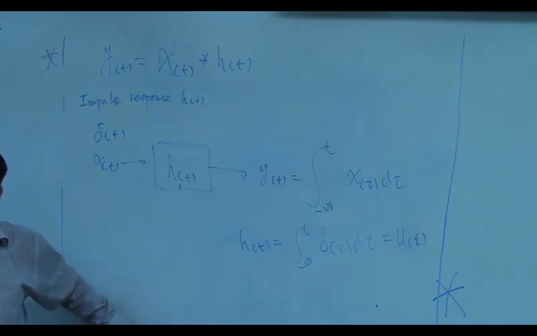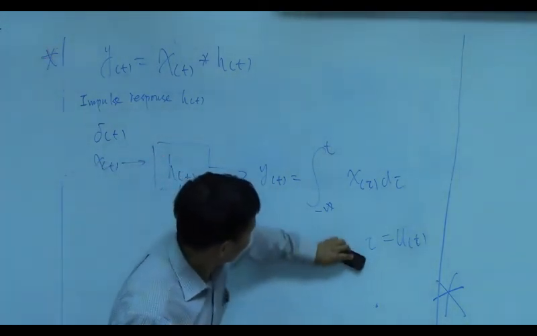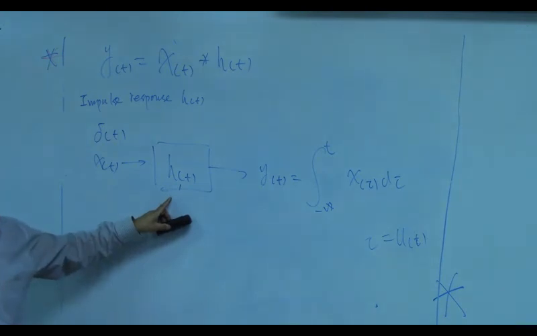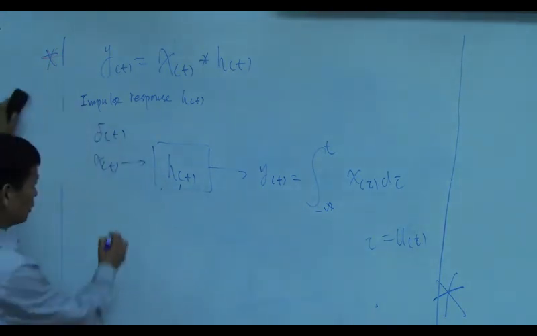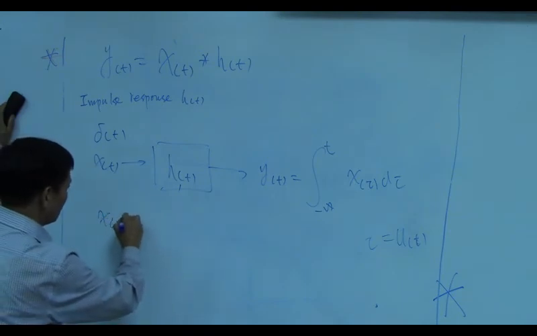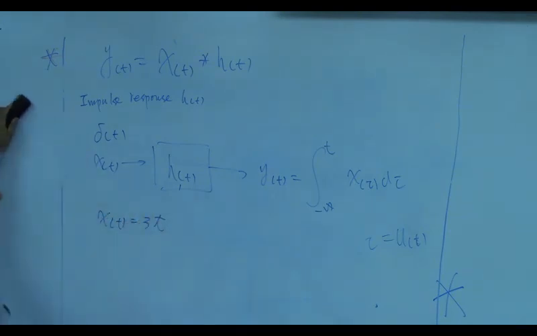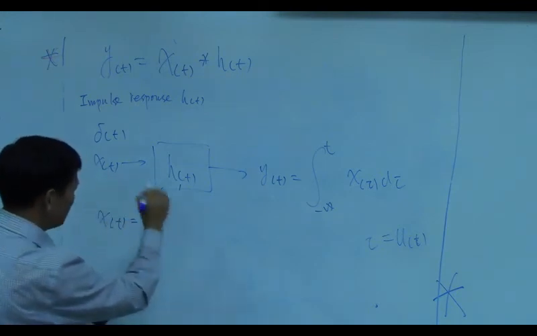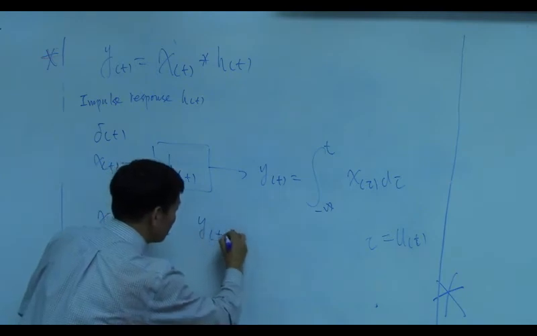Questions on this? Okay, now let me ask this. I tell you this one is the integrator, right? So you know the impulse response of this. Now if I say x(t) equals 2t, what is y(t)?